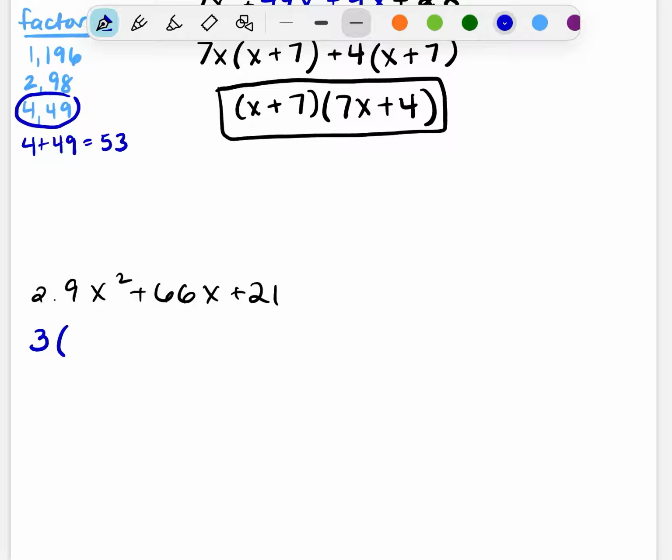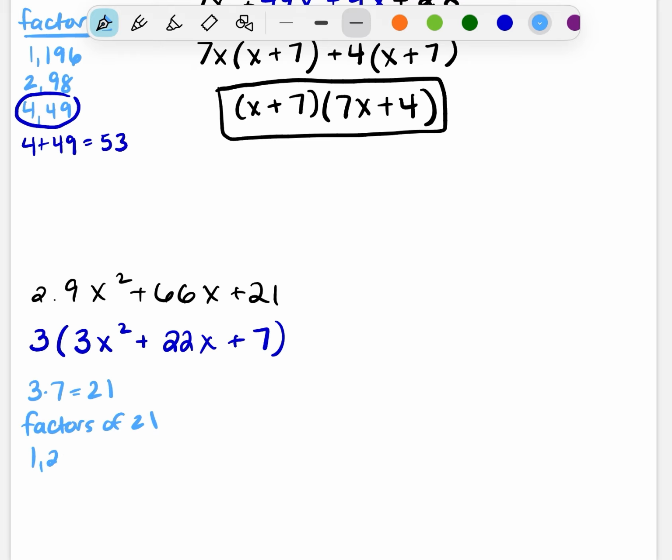So 9 divided by 3, of course, is 3, so I'm left with 3x squared plus 22x plus 7. 3, 22, and 7 do not have anything in common, so now I'm going to go back to multiplying my a and c term. So 3 times 7 is 21, and let's list our factors of 21. We have 1 and 21, and I'm going to stop there because 1 plus 21 is 22.